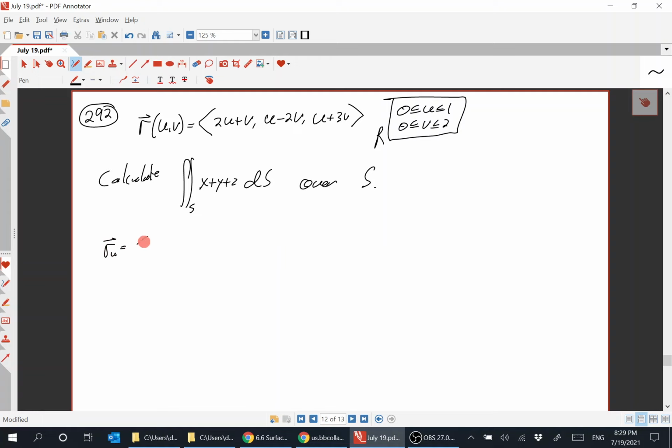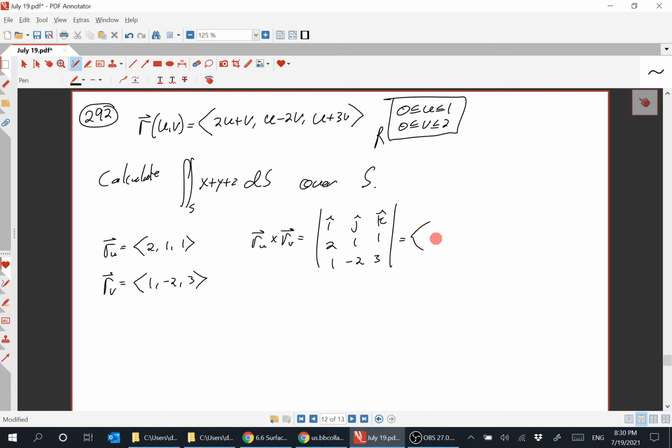Partial derivative of r with respect to u is 2, 1, 1. Partial derivative of r with respect to v is going to be 1, minus 2, 3. So r_u cross r_v is going to be equal to the determinant with i, j, k, 2, 1, 1, 1, minus 2, 3.